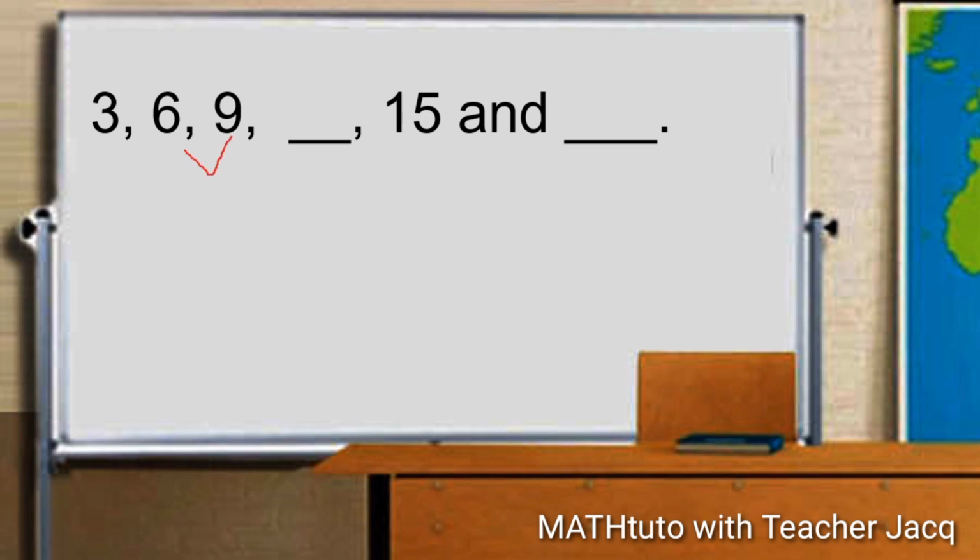So 9 minus 6 is 3. 6 minus 3 is 3. So, ibig sabihin, kung ang nakuha nating mga difference ay same na 3, ang gagamitin nating pattern is mag-a-add tayo ng 3 sa bawat term para makuha natin yung next term.